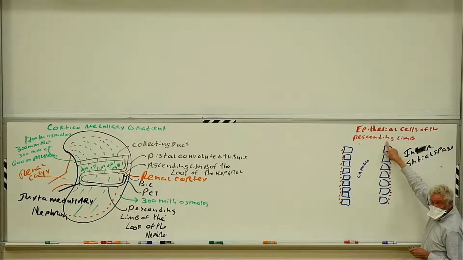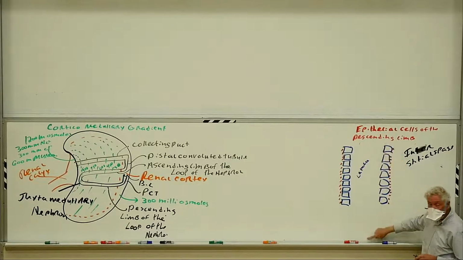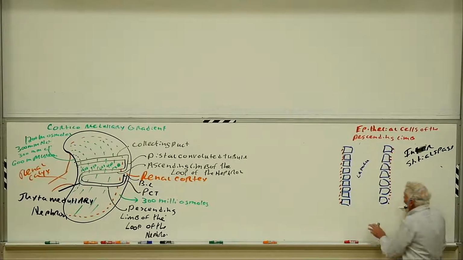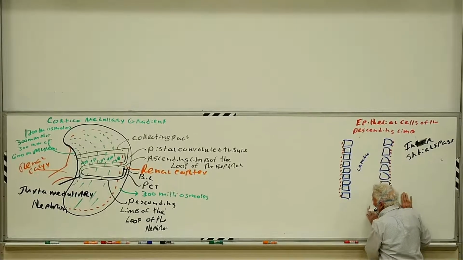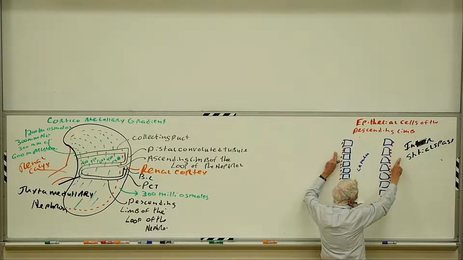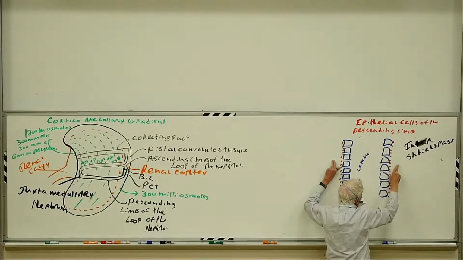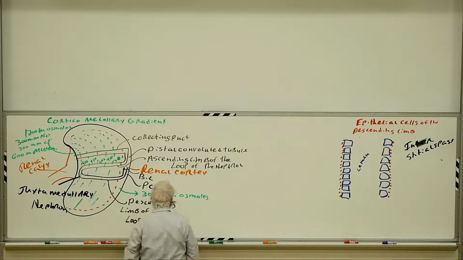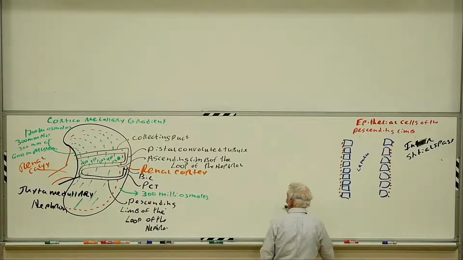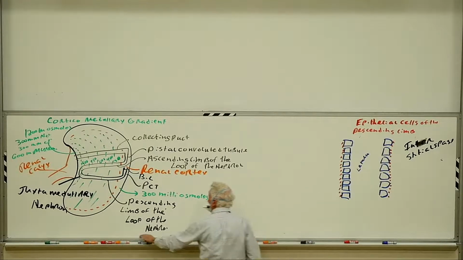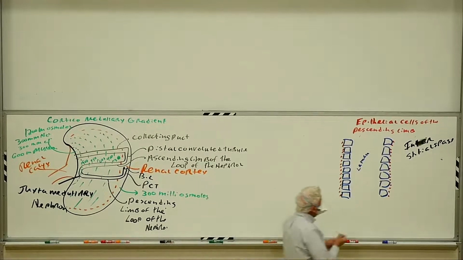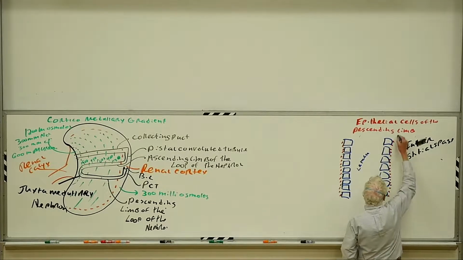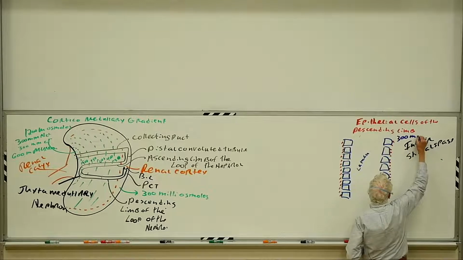This is cortical. The concentration of ions in the interstitial space is going to get higher and higher and higher. If we were to reflect what we've done over here, we could say that the concentration of ions up here is about 300 milliosmoles.